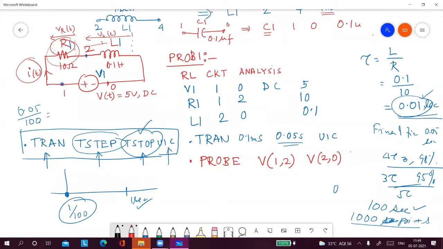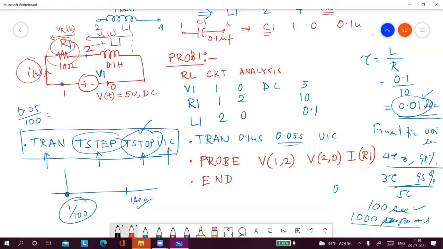So you can write this as I(R1). Then you write dot end, which is the end of the program.